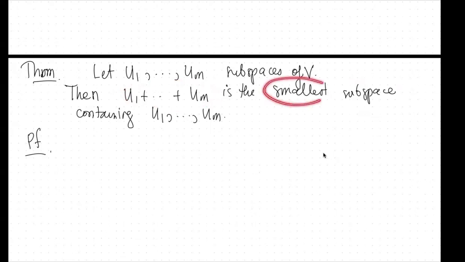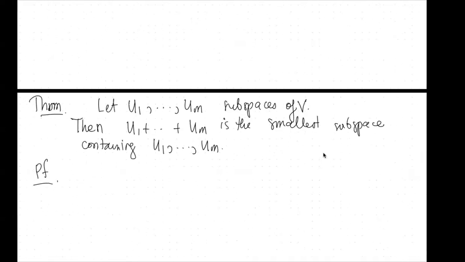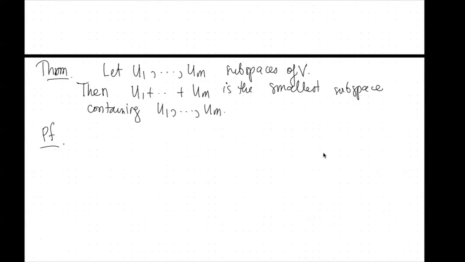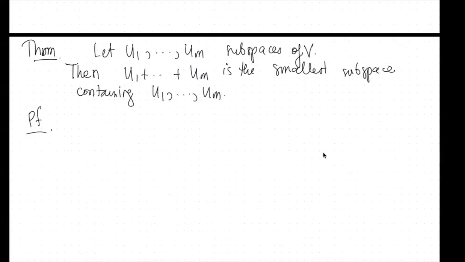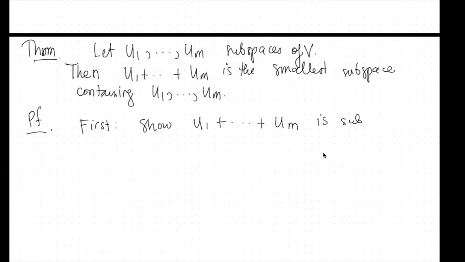the second part is we will show that if it is a subspace, it is also the smallest subspace. But now I will leave some part of the proof, and when I say clear, you should verify that. Show the first part, show that U1 plus ... plus Um is a subspace.